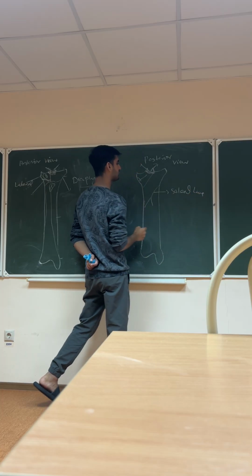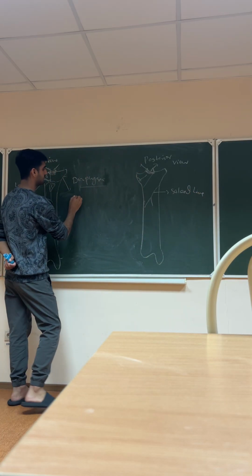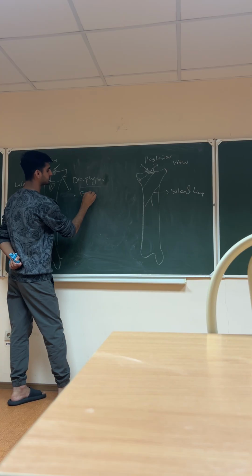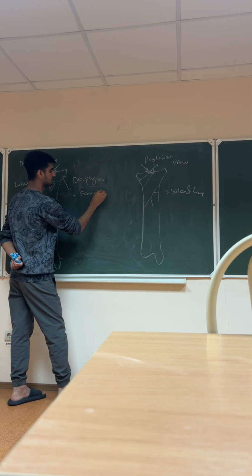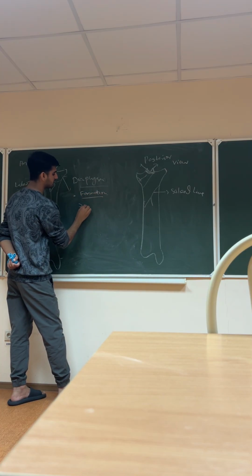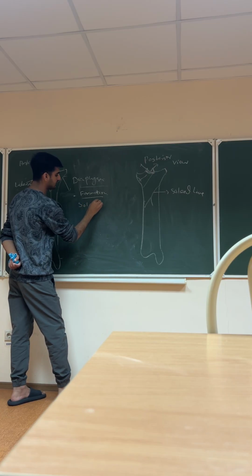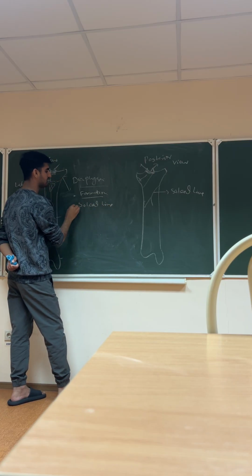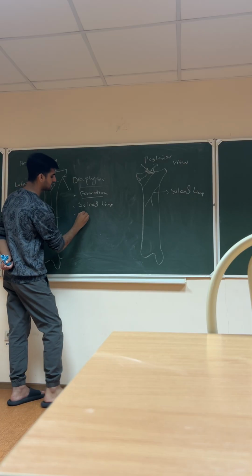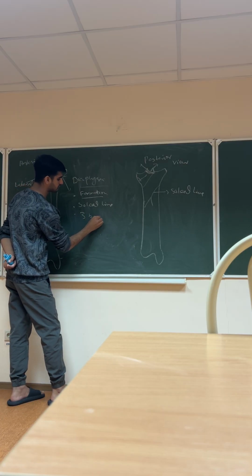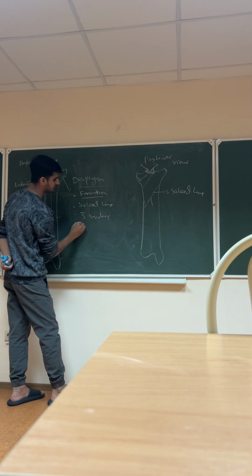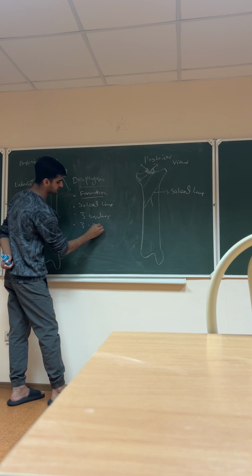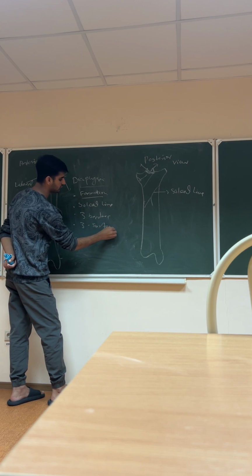Soleal line, linea musculi solei, is a formation. Okay, first the soleal line, then we have three borders and three surfaces. Now I will show how you will know the surface and border.